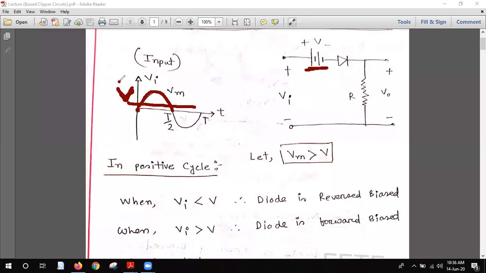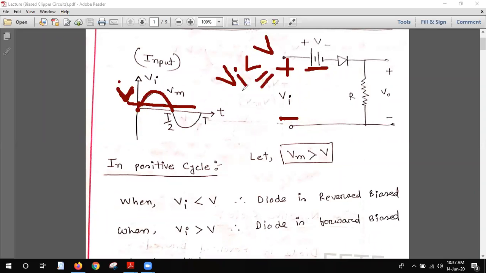So initially, though it is applied as input voltage Vi, the value of Vi is less than V. After some time, check my marking, these two will be equal.